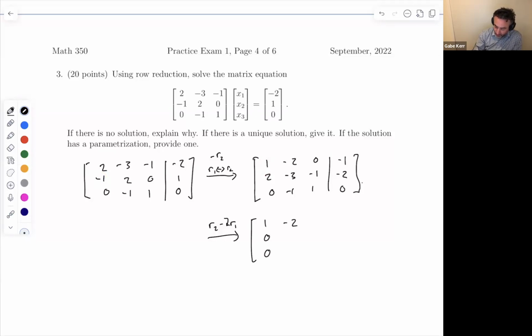So -2, 0, nothing with this. And now I'm going to add -2 times the first. That's 4 minus 3, so that's nice. 4. And then I get -1 here. Now -2 plus 2 is 0. 0, -1, 1. Uh-oh.